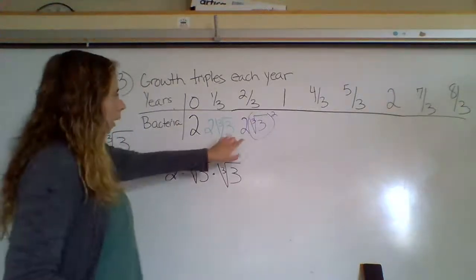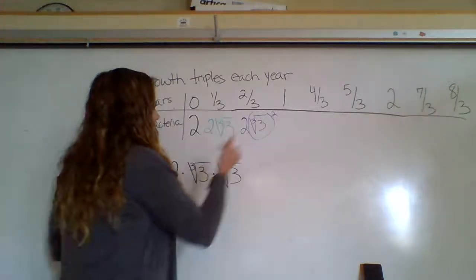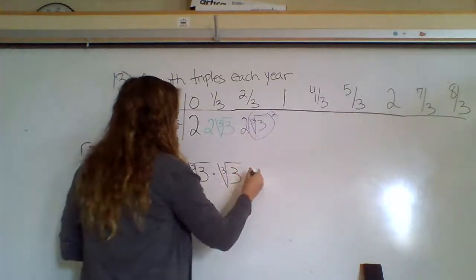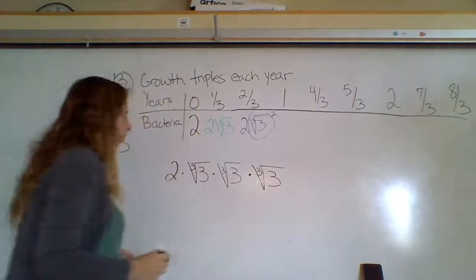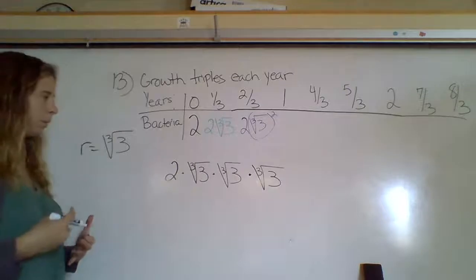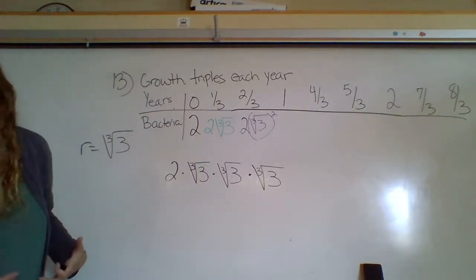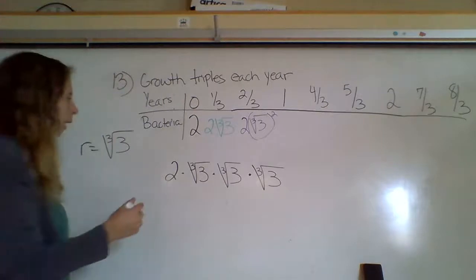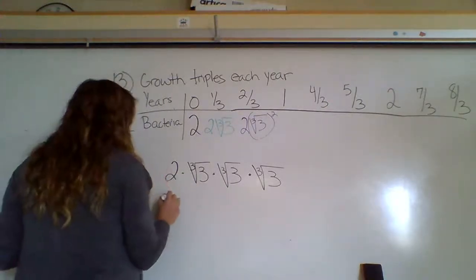Okay. So now I have 2 times cube root of 3 times cube root of 3. And then I have to do it again. Multiply by r again. Cube root of 3. Oh no, they did get it right. Okay, sorry. I thought the book got a different answer than I was about to get, but we're good.